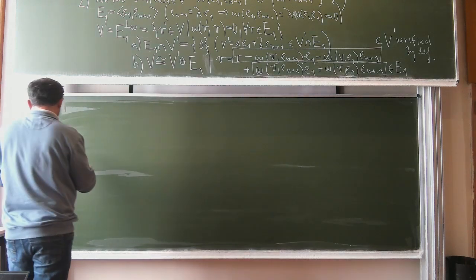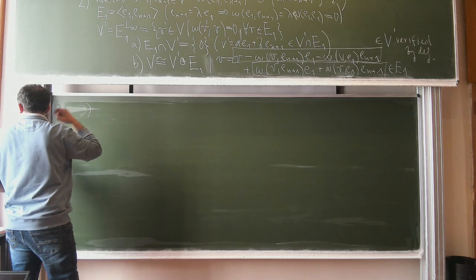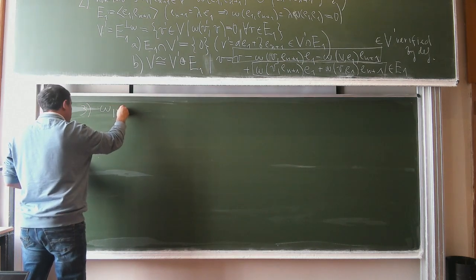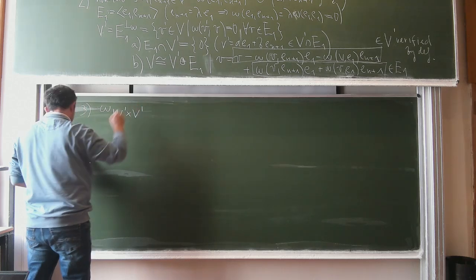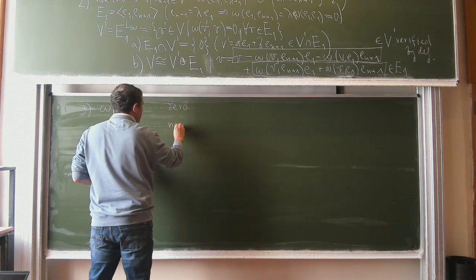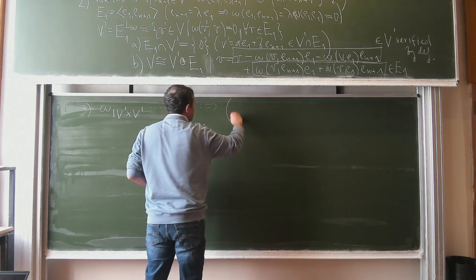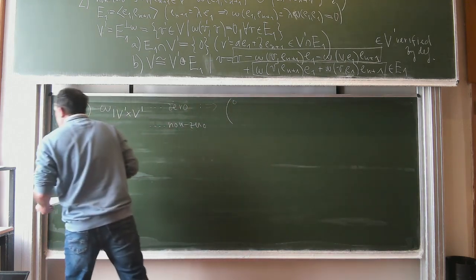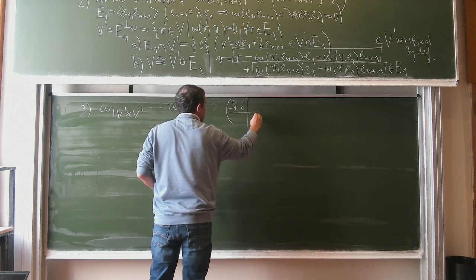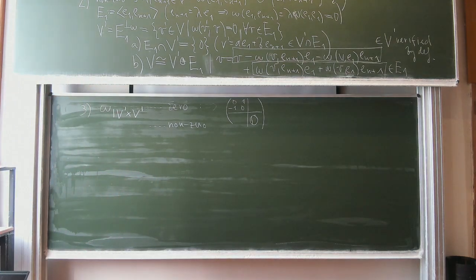So now we restrict omega to B prime times B prime. There are two possibilities: if it is 0, or if it is non-zero. If it is 0, we get that the matrix of omega is this.